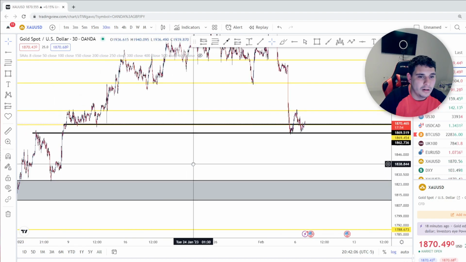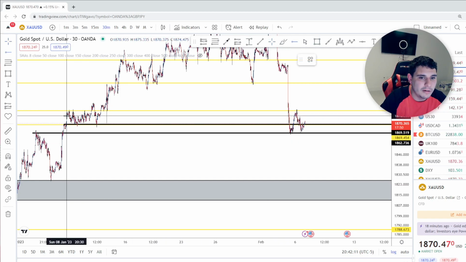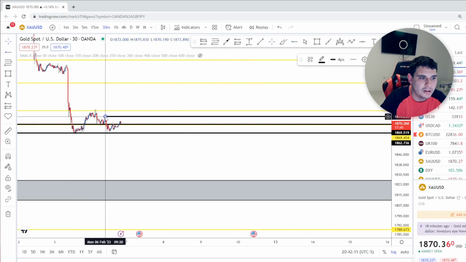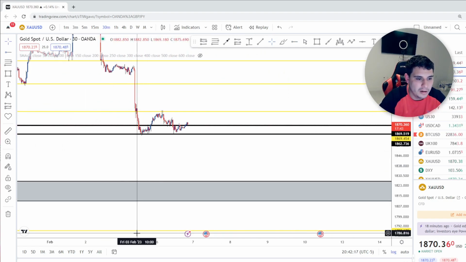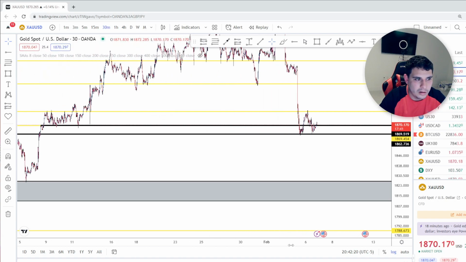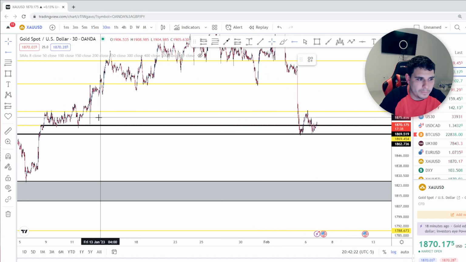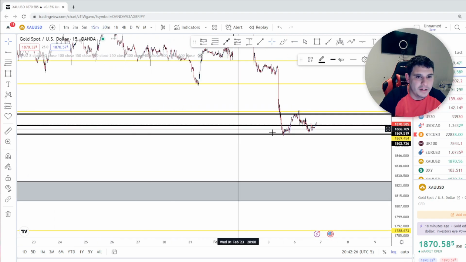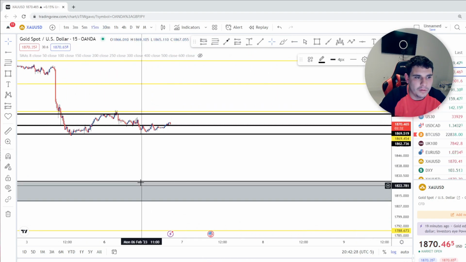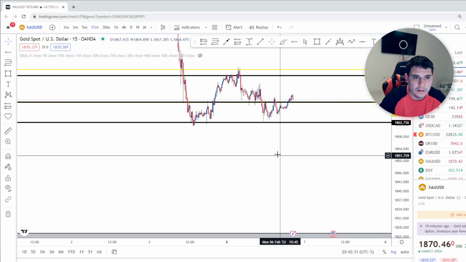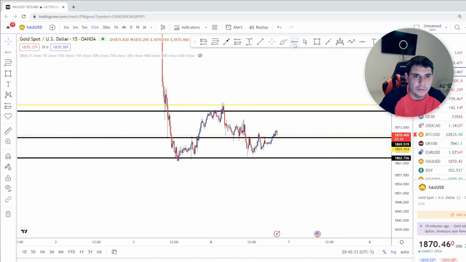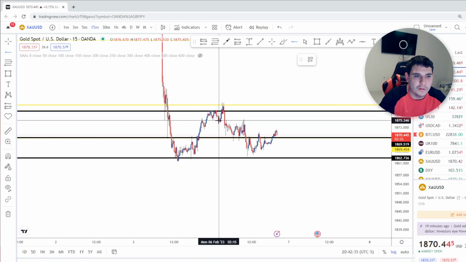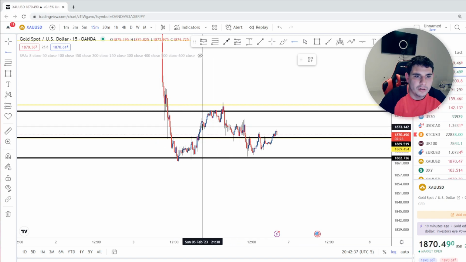Then we'll come over here. Where else can we add? We can add another area right around here. So now let's actually start to zoom in a bit. And then on the 15 minutes, I'll zoom in and start to look for closer entry points.